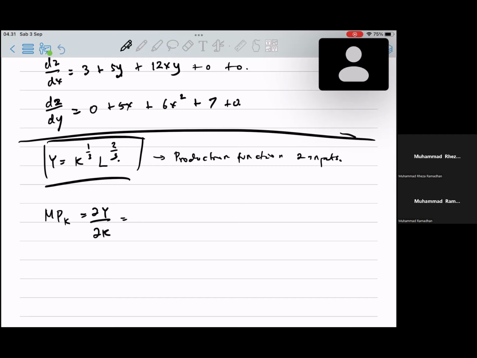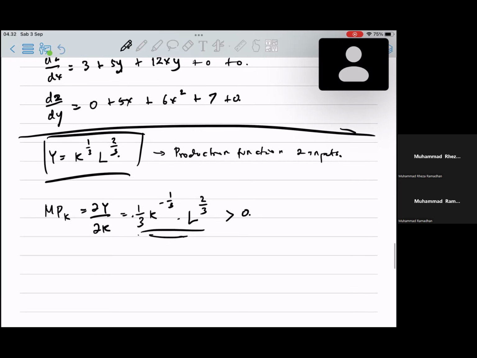So the result is 1 over 3 k to the power of minus 1 over 3, and let L be constant, so L to the power of 2 over 3. And we know that this is more than 0 because there is no minus in the coefficient.